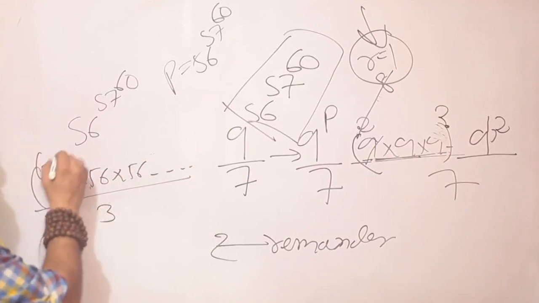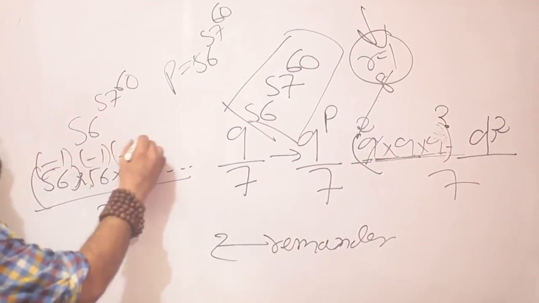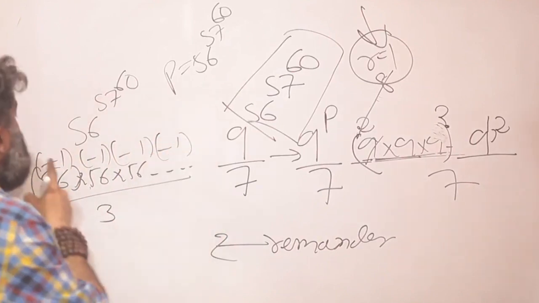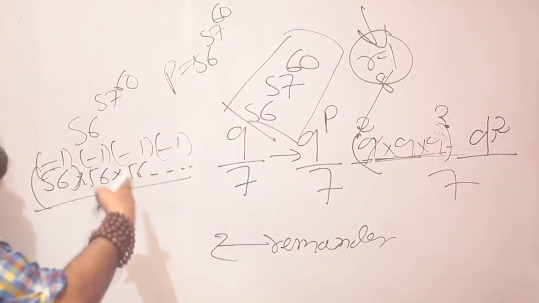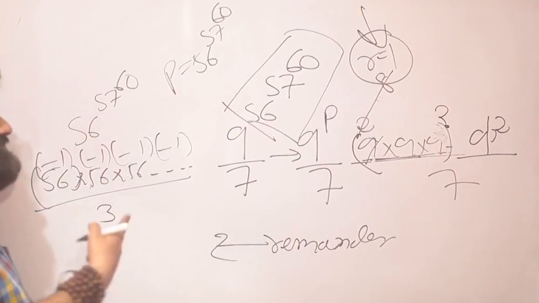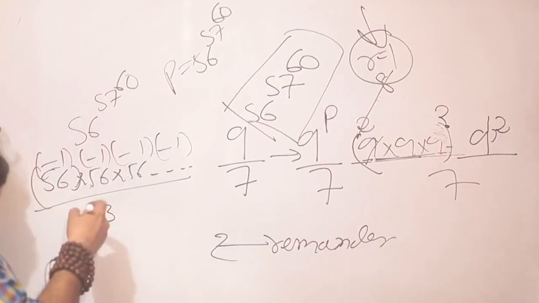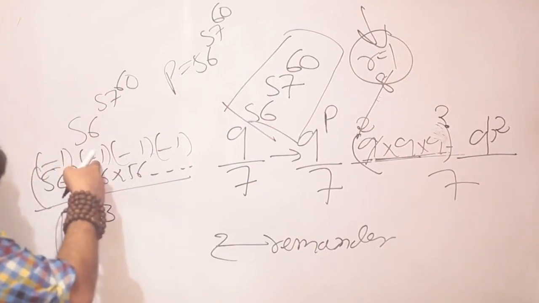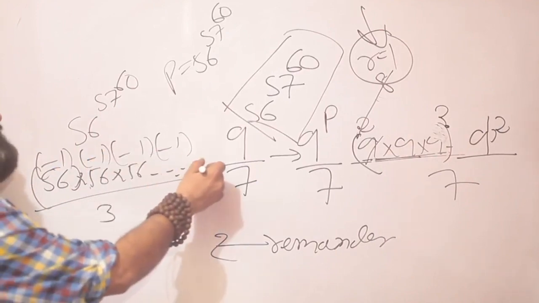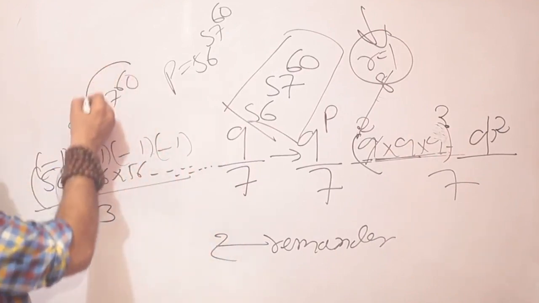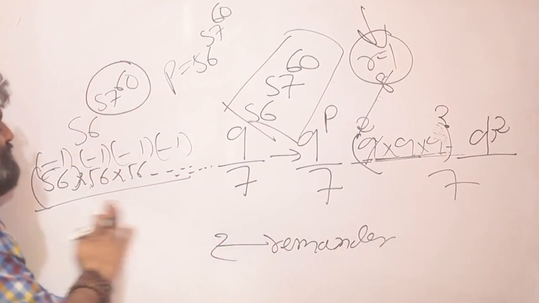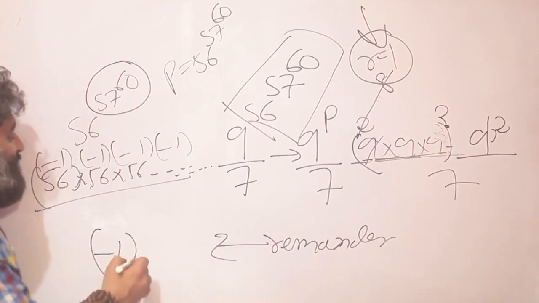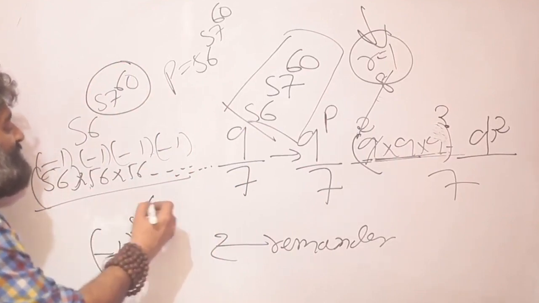Each is going to give you a remainder of minus 1, because 3 19s is 57 and this is 1 behind that. That means it is minus 1 into minus 1 into minus 1 into minus 1, these many times. So now your question becomes minus 1 raised to 57 raised to 60.